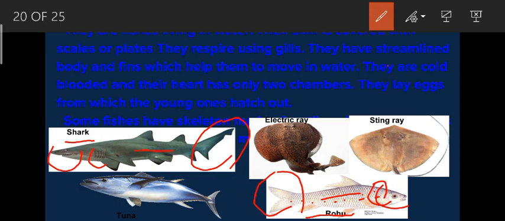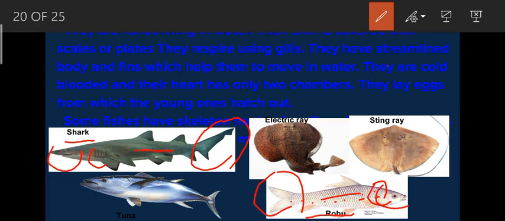Now in bony fishes, they have an air bladder. Okay, but cartilaginous fish, they have to swim together, otherwise they will sink and die. Heart is only two chambered, one auricle and one ventricle is present, that is called as venous heart. Okay, now these lay eggs, these are oviparous, and these lay eggs in the water.